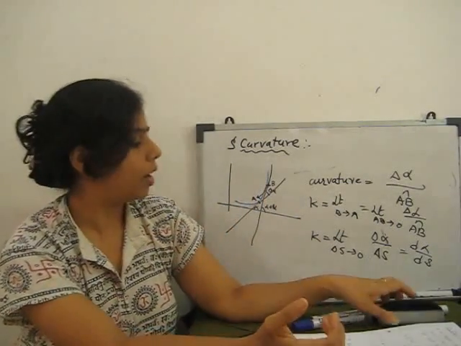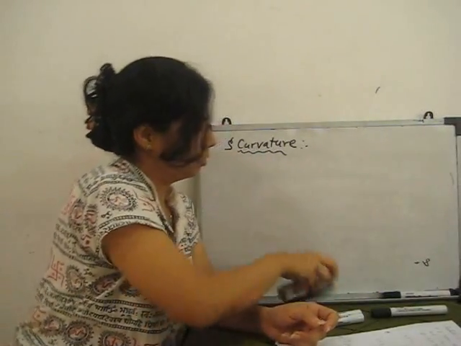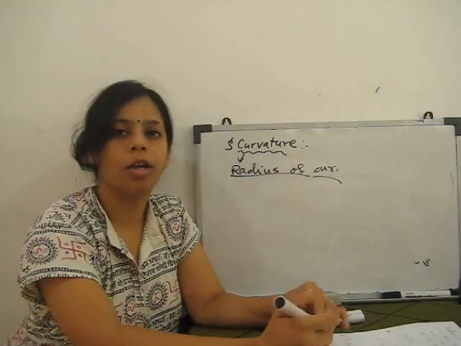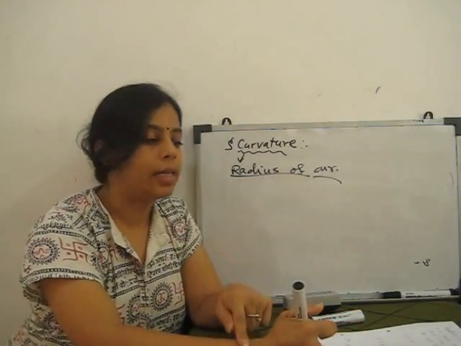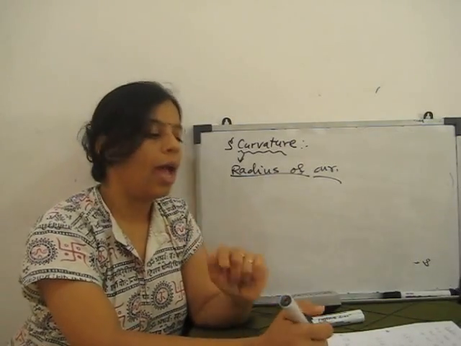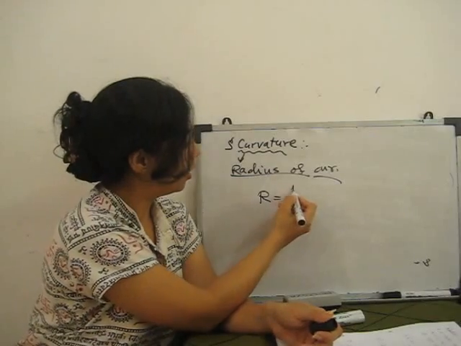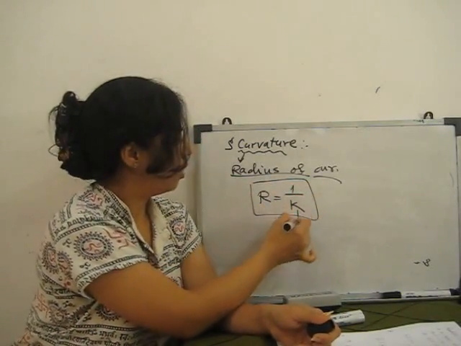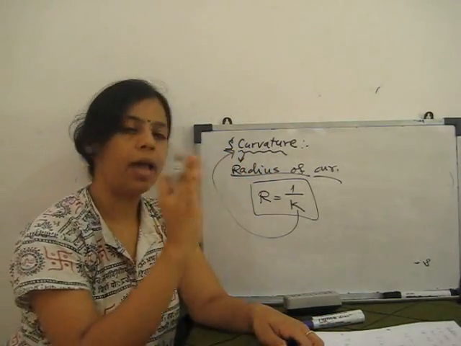The radius of curvature at any point is denoted by R, and it is the reciprocal of the curvature at that point. So R is 1 by K, where K is our curvature.